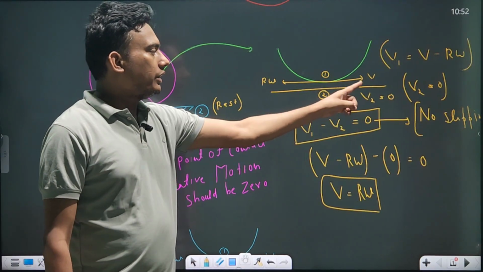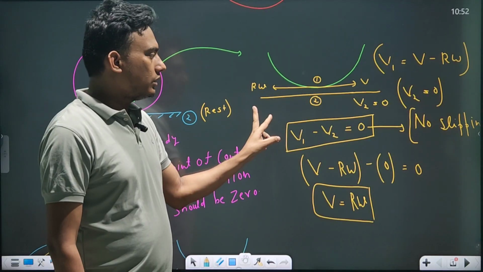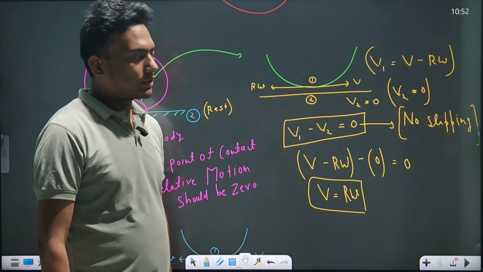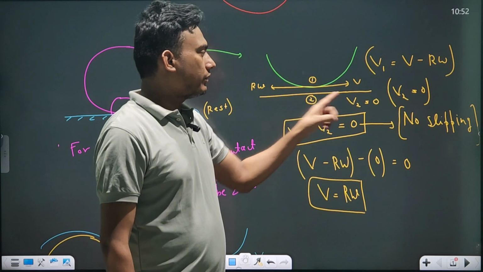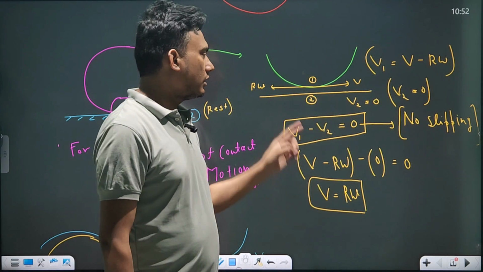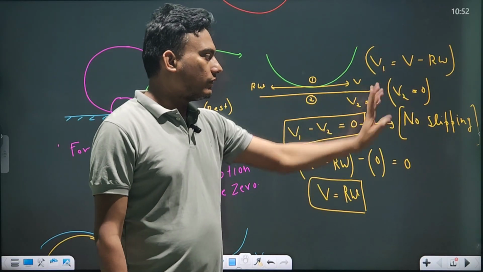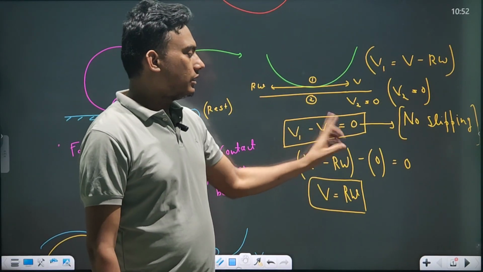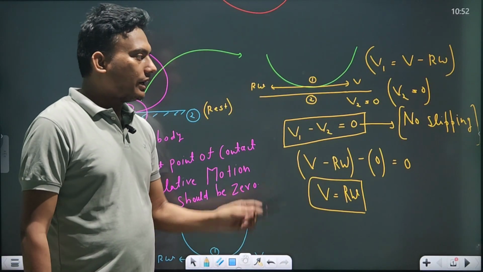Point 1 has V and R omega, and point 2 has V2 equal to 0 because I consider the platform at rest. The net speed at point 1 is V minus R omega, right side positive, left side negative. V2 is already at rest, so V2 equals 0. So V1 minus V2 equals 0 because at the point of contact the net speed is 0.